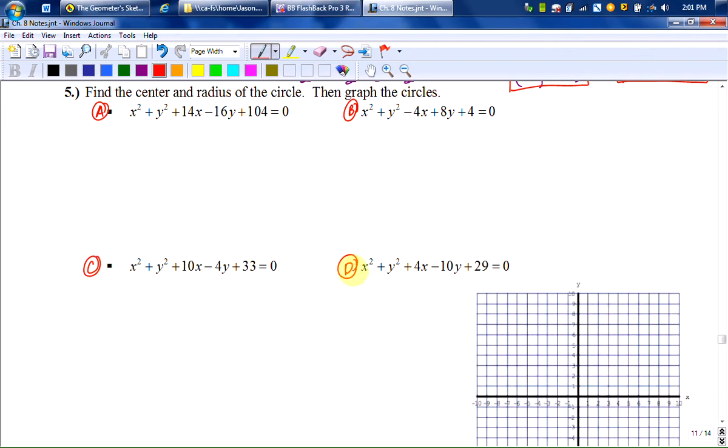Somebody's made a huge mess and I need to get these into standard form. In order to do that, I'm going to go back to an old technique from Algebra 1, which is called completing the square.